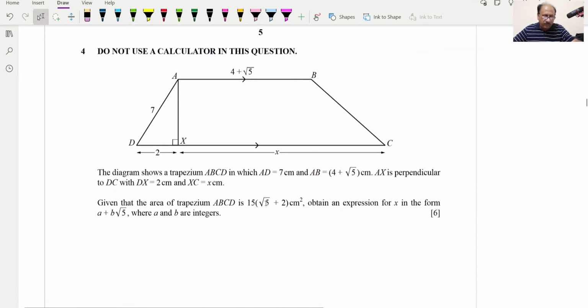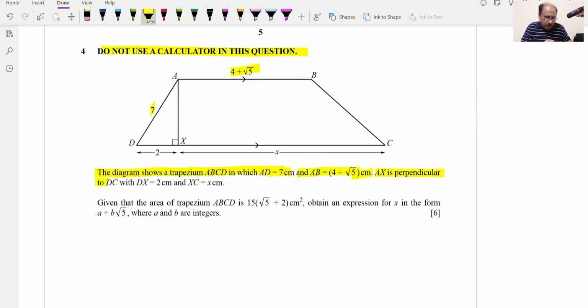Now question number 4 says do not use a calculator in this question. So we have to show the complete working, and the diagram shows a trapezium ABCD in which AD is equal to 7 centimeter, this is 7, and AB is equal to this value in centimeters.